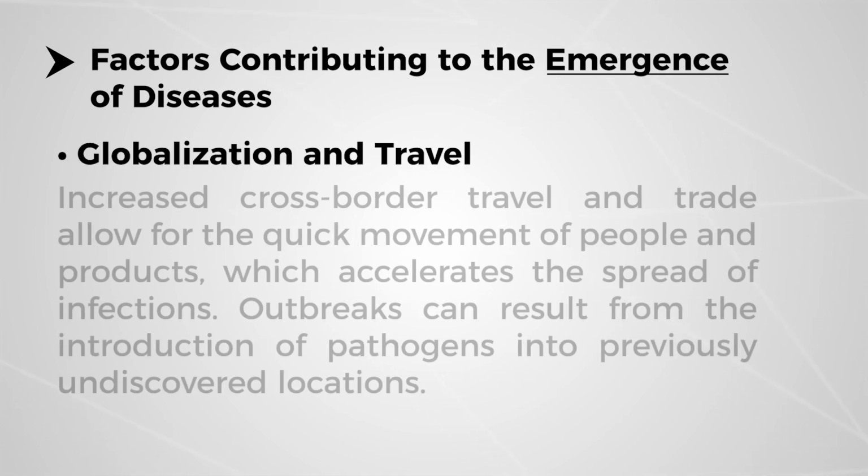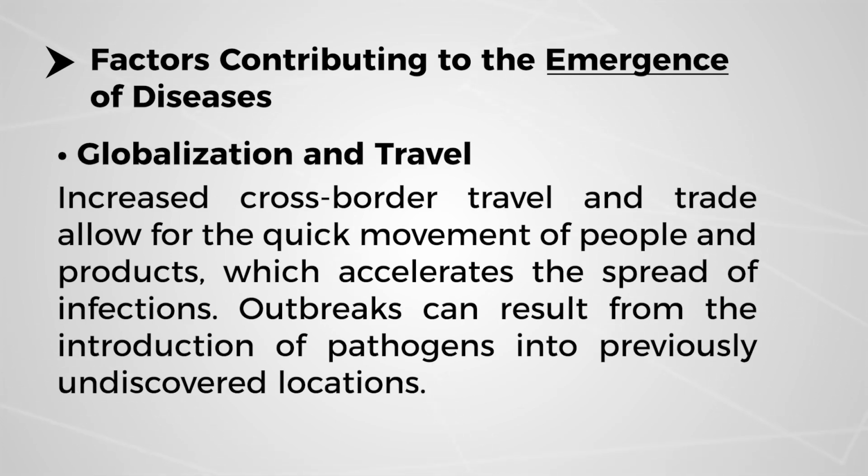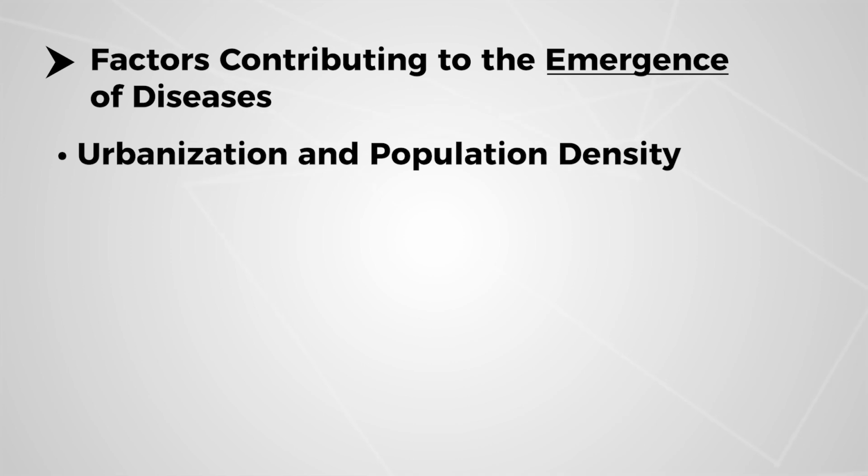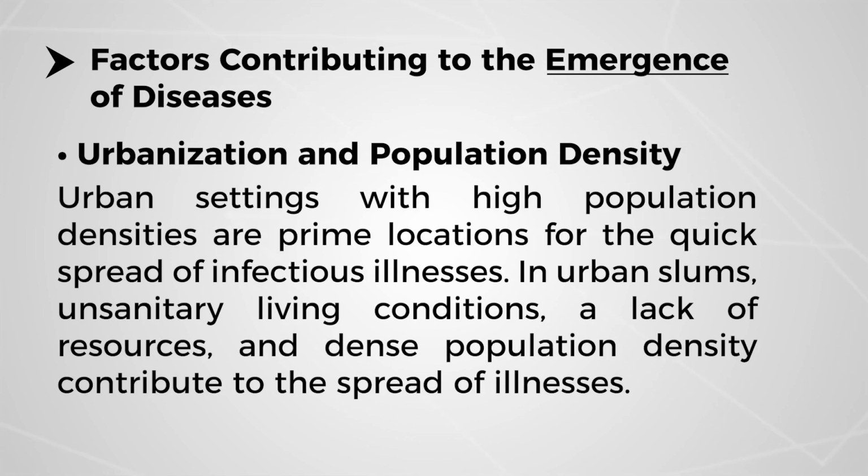Globalization and travel: increased cross-border travel and trade allow for the quick movement of people and products, which accelerates the spread of infections. Outbreaks can result from the introduction of pathogens into previously undiscovered locations. Urbanization and population density: urban settings with high population densities are prime locations for the quick spread of infections.